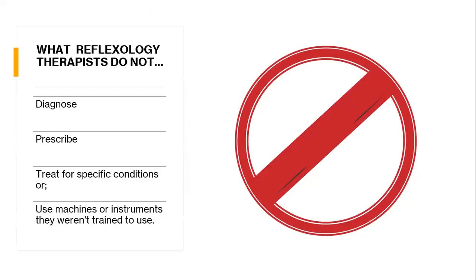What don't we do? A reflexology therapist never diagnoses. I promise you, in your house, you do not have an MRI, a CT scan, a blood lab, or any kind of x-ray machine. And without any kind of equipment to confirm what's going on inside the body, you don't know.